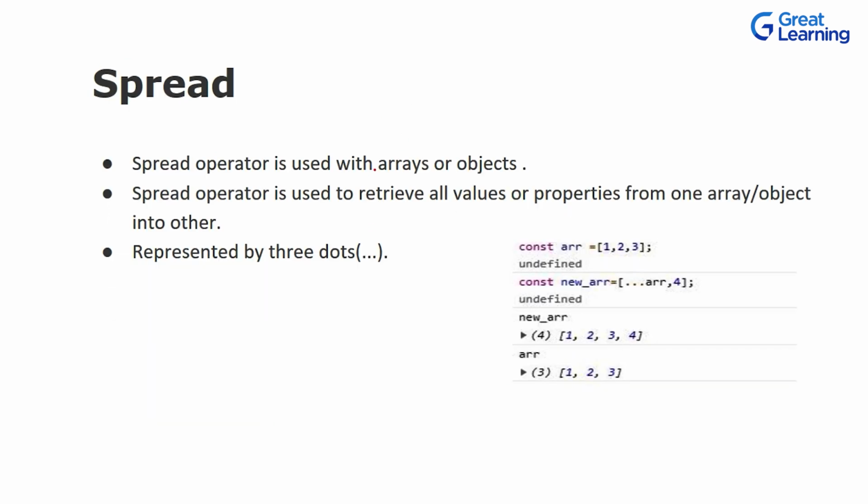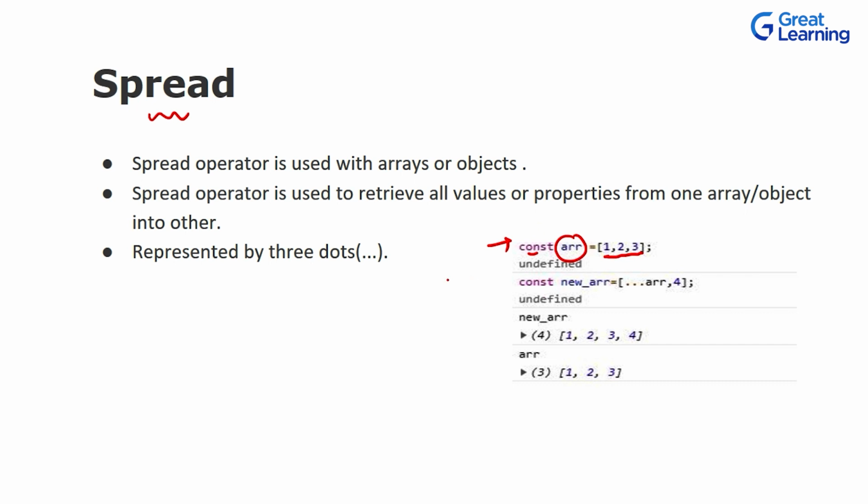Now we have another JavaScript feature known as spread. Spread is an operator which is used with arrays and objects. So you have this array. This is how you define an array in JavaScript. You have the const keyword for declaring, or you can use let, or you can use var. So you have arr, and in this array we have the values 1, 2, 3.